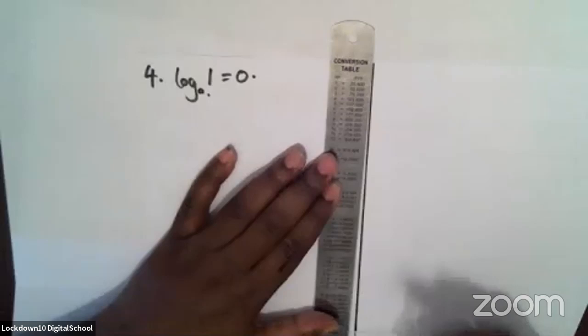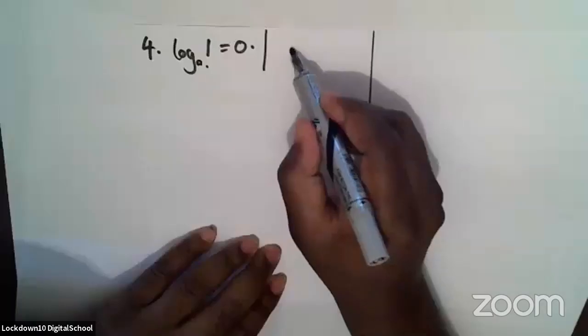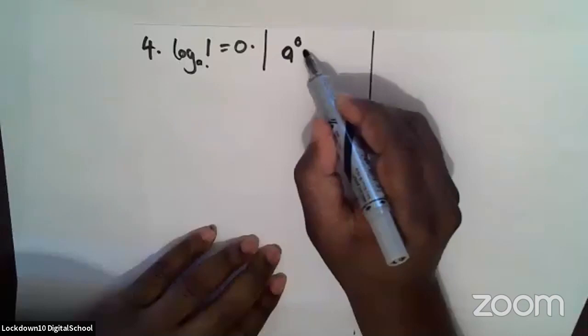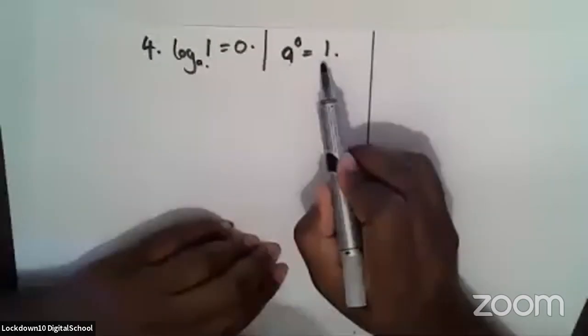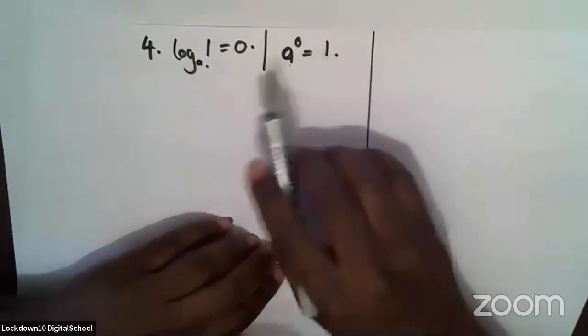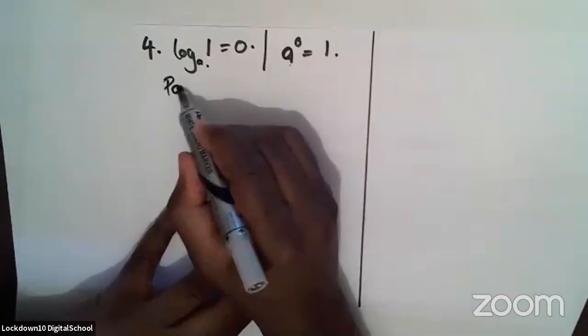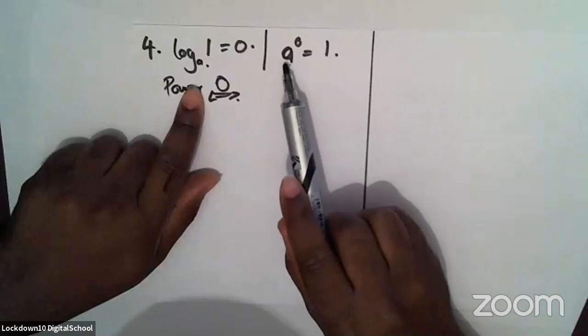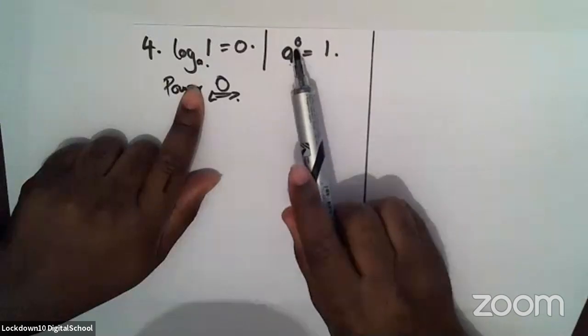What do I mean? Remember, in exponentials, if I have a to the power 0 is equal to 1, what we mean is any number to the power 0 is equal to 1. It is called power 0. So a to the power 0 is equal to 1.